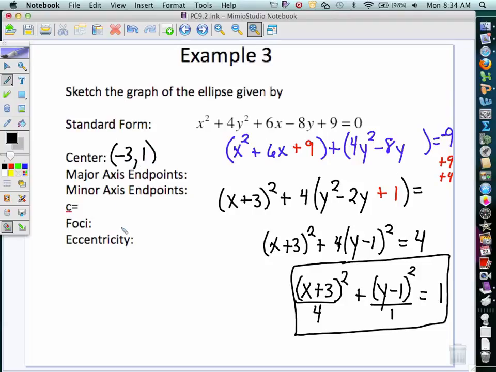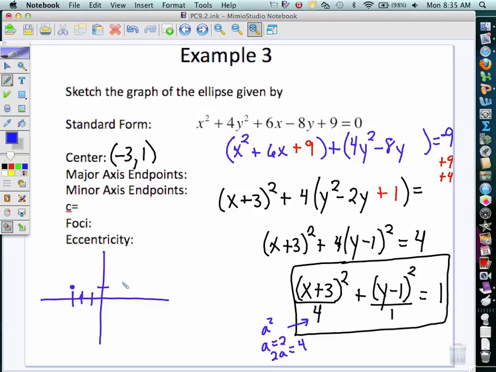Now let's go ahead and identify all the parts. So the center would be h, k, negative 3, 1. Major axis. This is where we have to find the a squared value. So this is a squared. So a is equal to 2, which means the axis length 2a would equal 4. So the endpoints, let's go ahead and graph this.